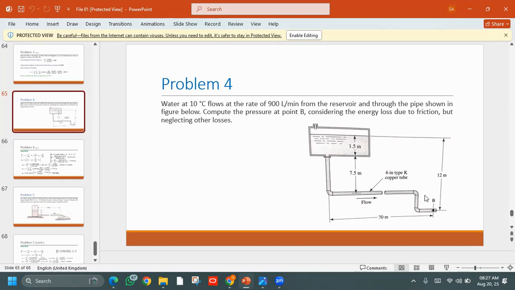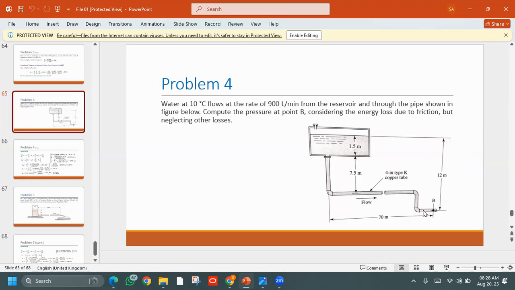Also, we need to find this vertical pipe height. So how do we calculate that? We simply take this value, which is 12 meters, and subtract 7.5 meters and 1.5, which equals 9 meters.